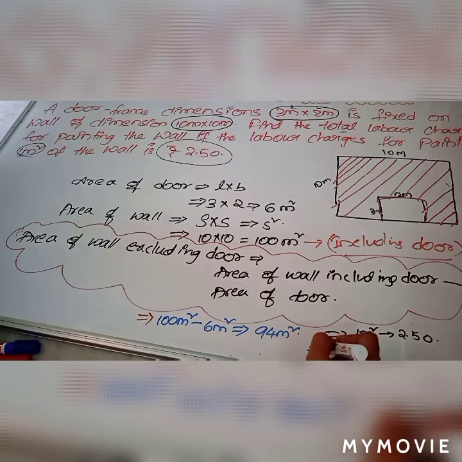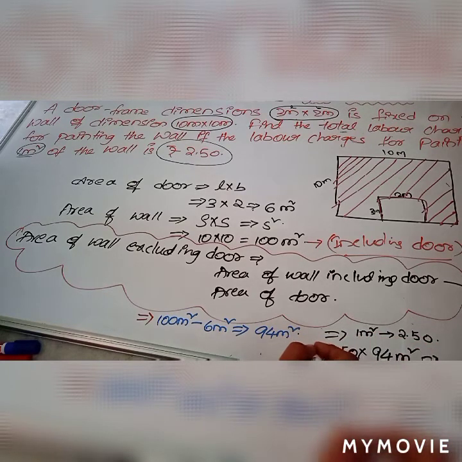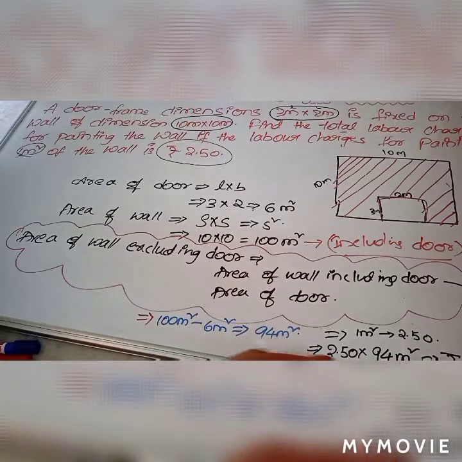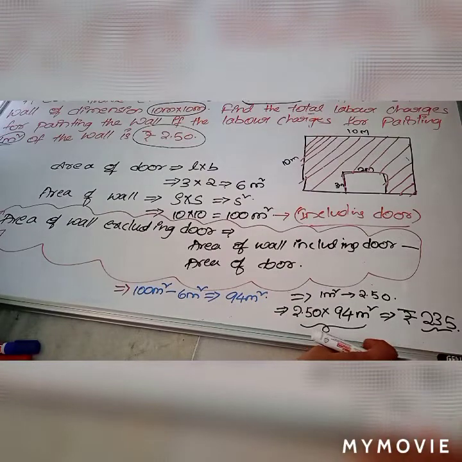We need to multiply 2 rupees 50 paisa into 94 square centimeters. So what's the answer? Rupees 235. If we multiply these two, we will get the answer 235 rupees. Okay, the answer is rupees 235.